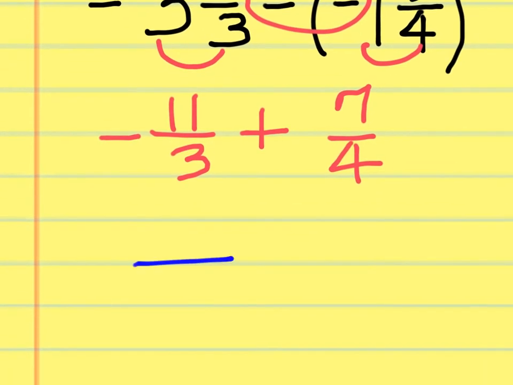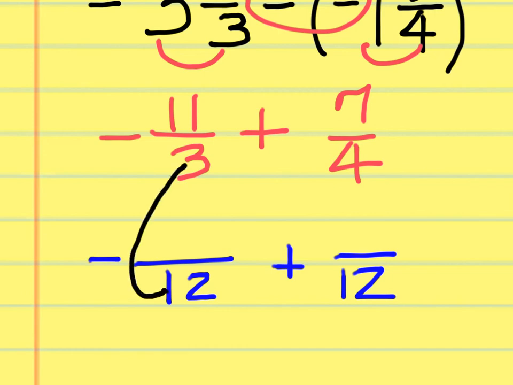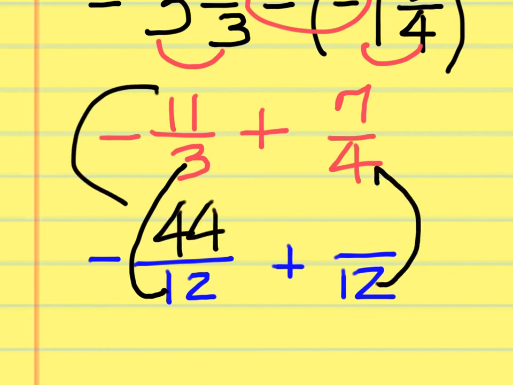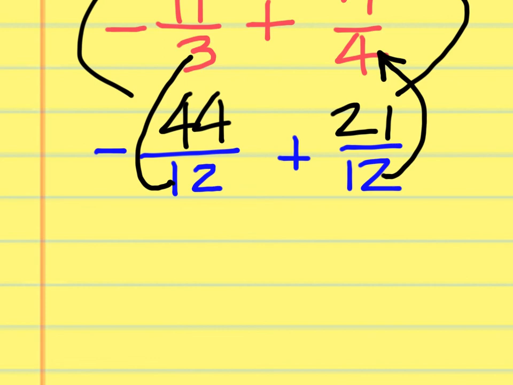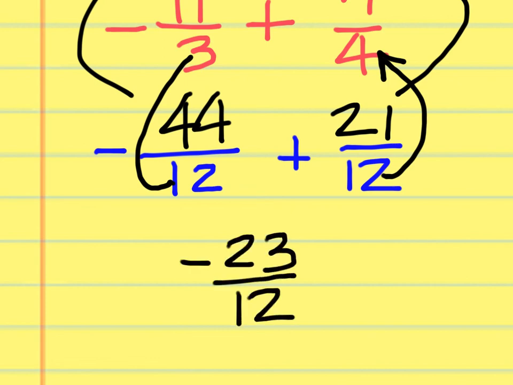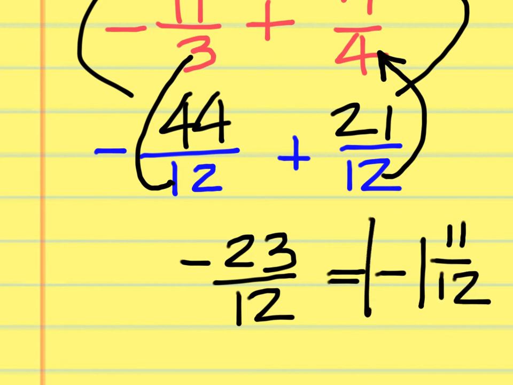Find a common denominator of 12. 12 divided by 3 is 4. 11 times 4 is 44. 12 divided by 4 is 3. 7 times 3 is 21. Negative 44 plus 21 is a negative 23. That goes over 12. And 12 goes into 23 1 time with 11 left over. Negative 1 and 11 twelfths.